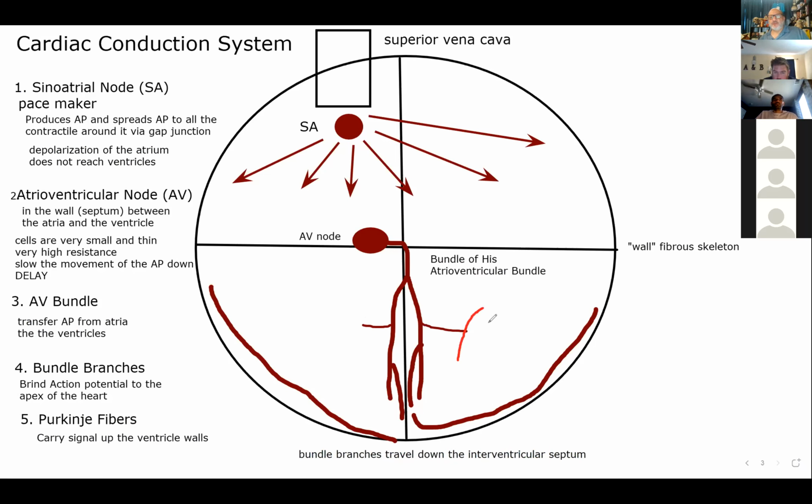Remember how we talked about those papillary muscles have the chordae tendineae.